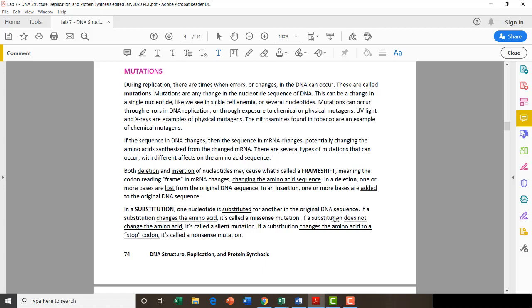If the substituted nucleotide does not change the amino acid from the original one, it's called substitution silent. And if the substituted nucleotide changes the amino acid to an early stop codon, it's called substitution nonsense. Okay, so recap, there are 5 different mutations you can pick from: frame shift insertion, frame shift deletion, substitution missense, substitution silent, and substitution nonsense.